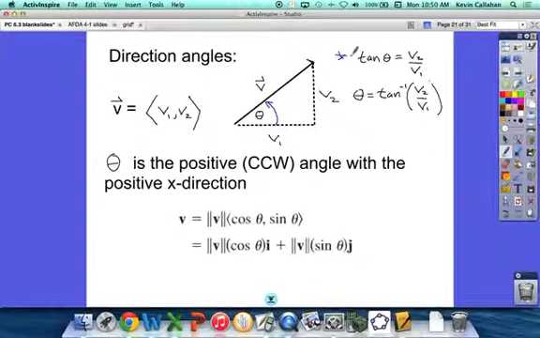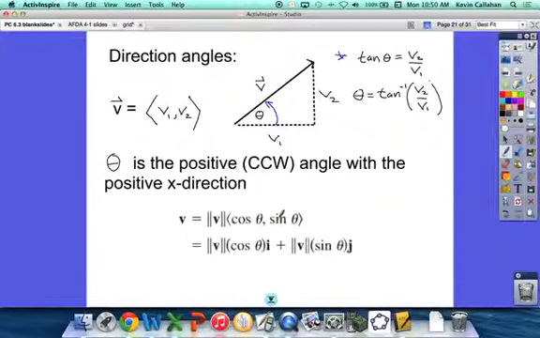Now, that leads to one more way to represent a vector. Notice that here's the magnitude of the vector, which is outside of the angle brackets. And then inside is cosine theta, sine theta. Right?